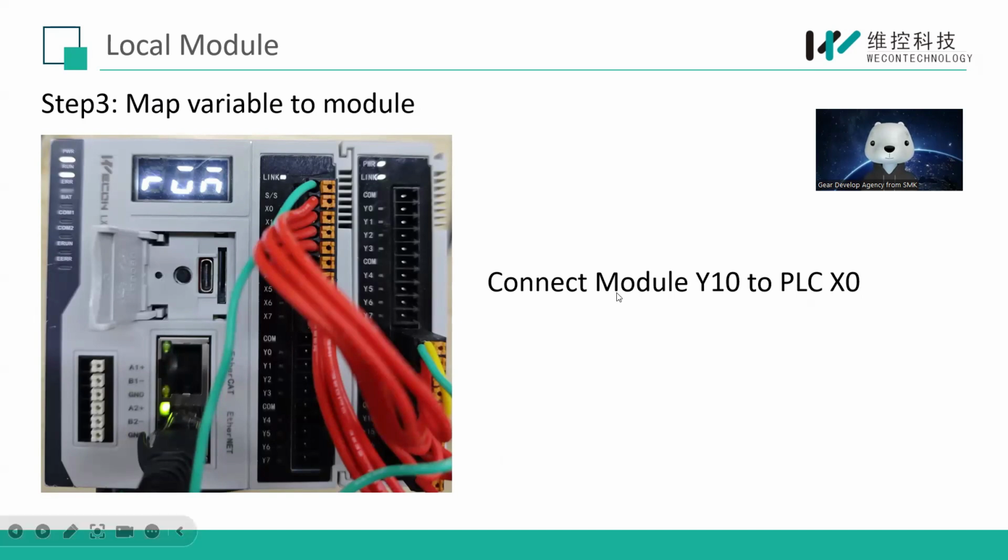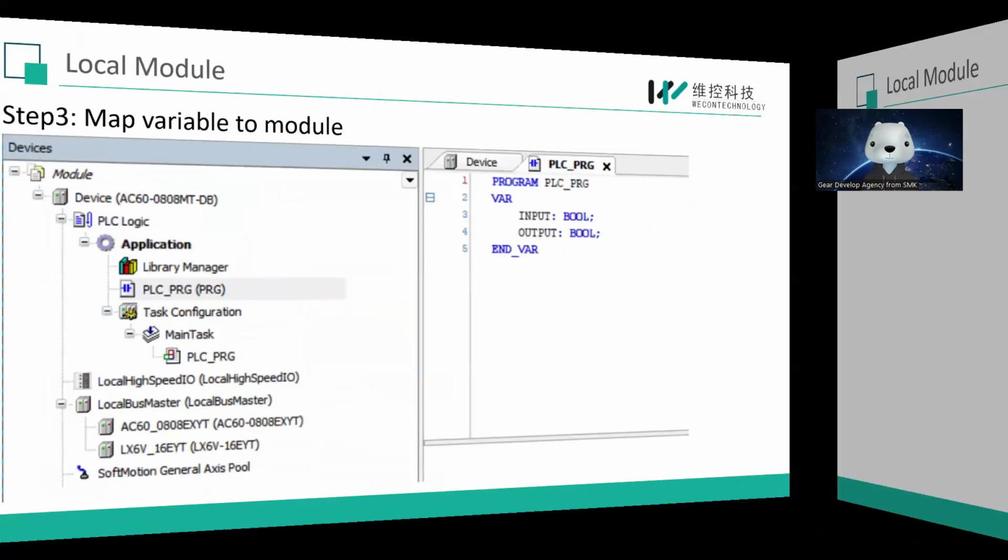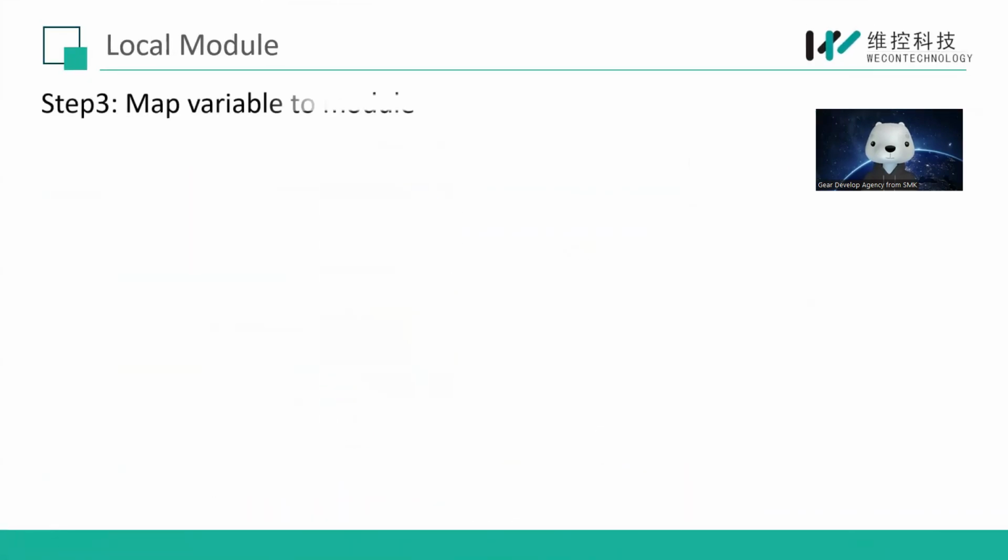So here, module Y10 connects to PLC X0, and in the project I add two bool variables, input and output. And now I need to map these variables to my modules.